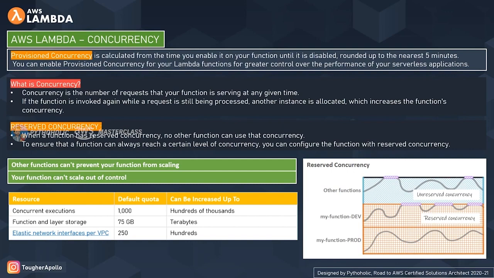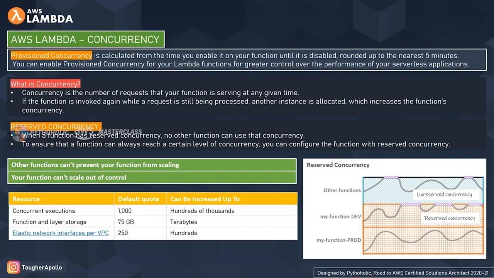And if you assign 50 out of them to the function, then that 50 becomes reserved, and the other 50 is free and unreserved. When a function has reserved concurrency, no other function can use that concurrency. The other functions in that account have to use the unreserved concurrency. So now, as you have some information regarding concurrency, let's move on.